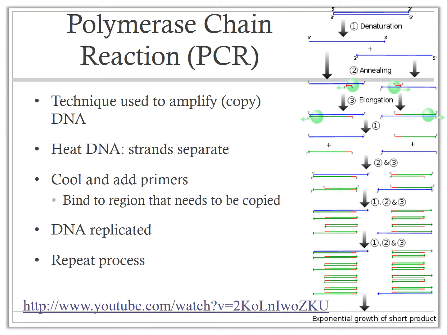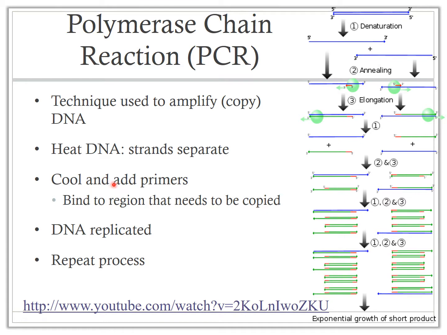And so this is an example of how PCR is done, polymerase chain reaction. So the technique, we are amplifying the DNA, so we are making copies. Amplifying is making copies. So you heat up the DNA to separate the strands.